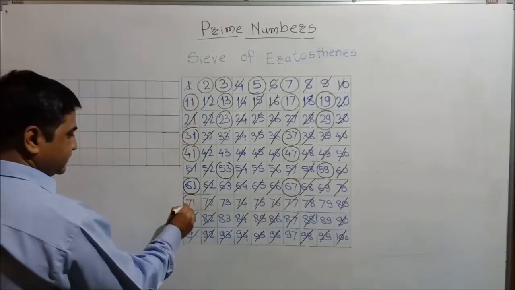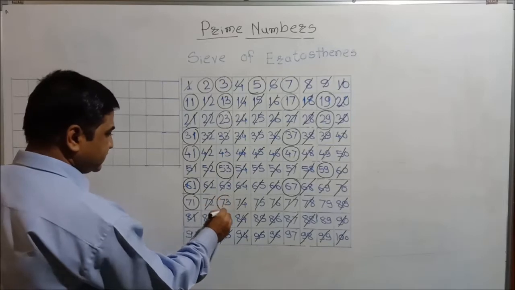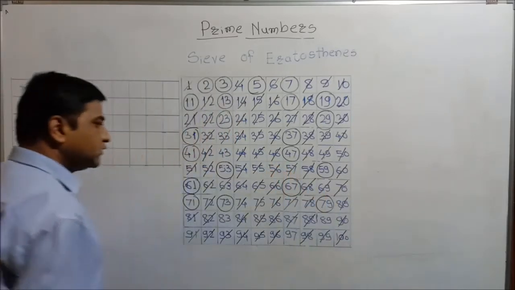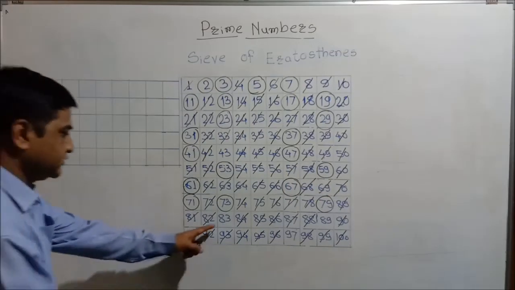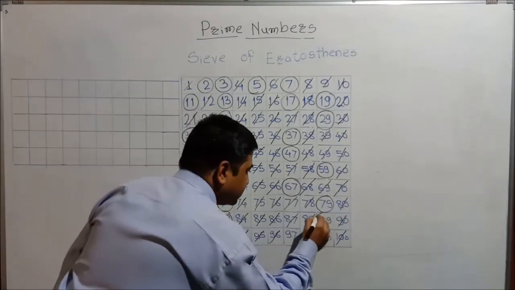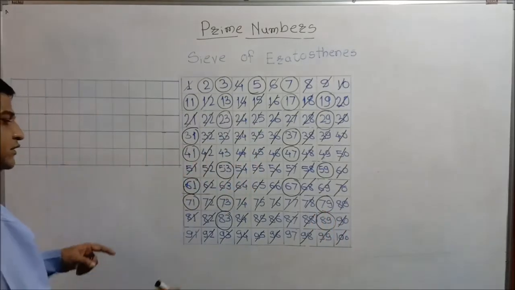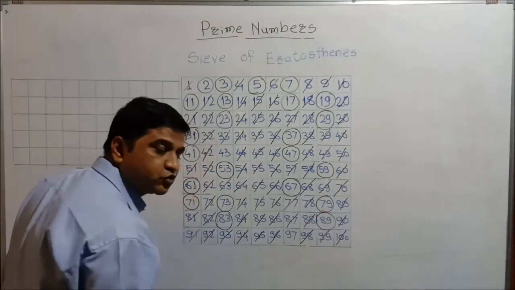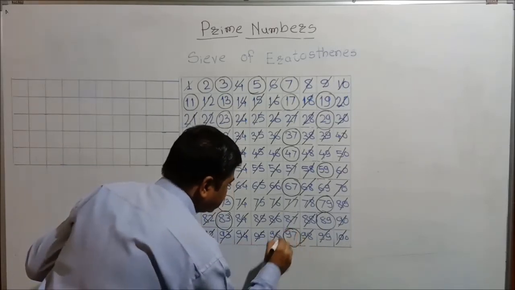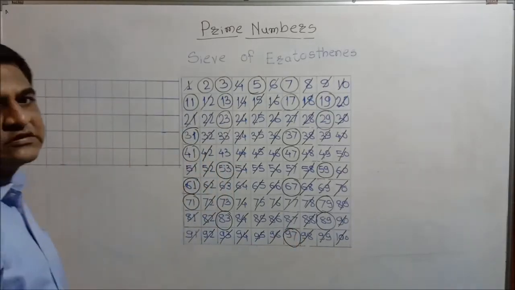And then 71, 73 and 79. Okay, what is next? We have 83 and 89. And the largest two-digit prime number is 97.